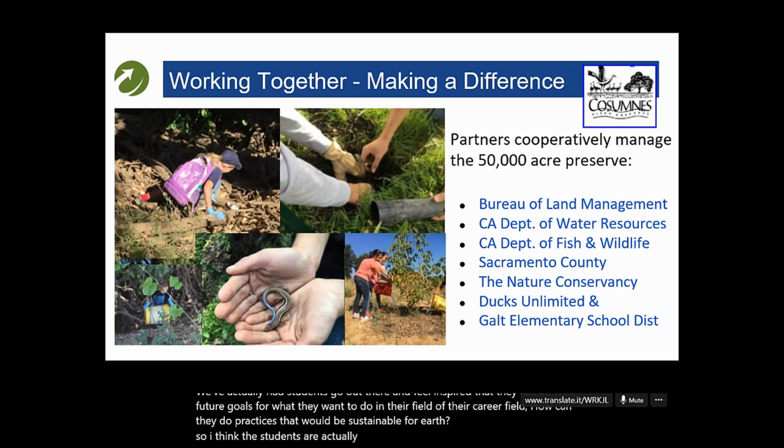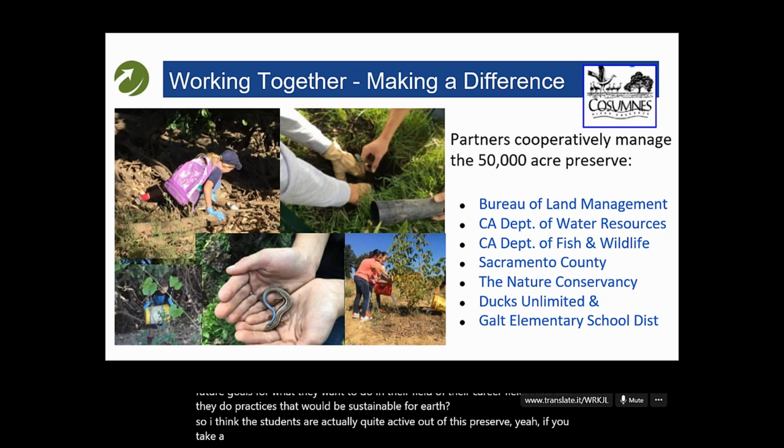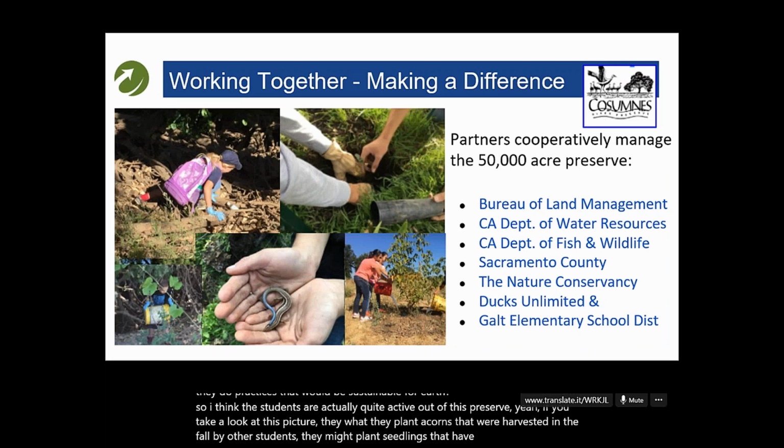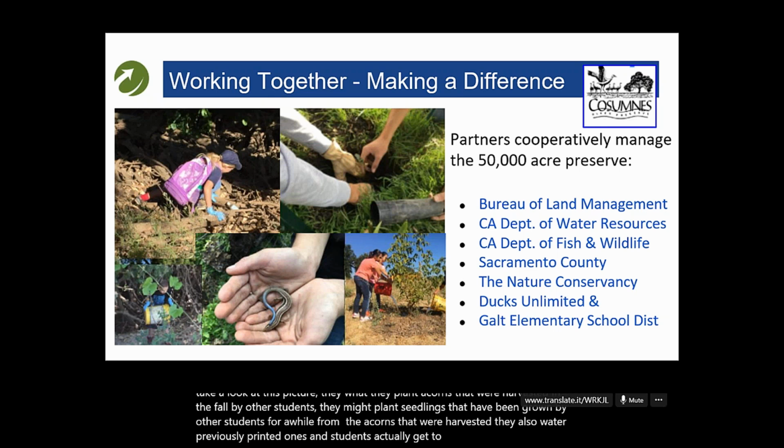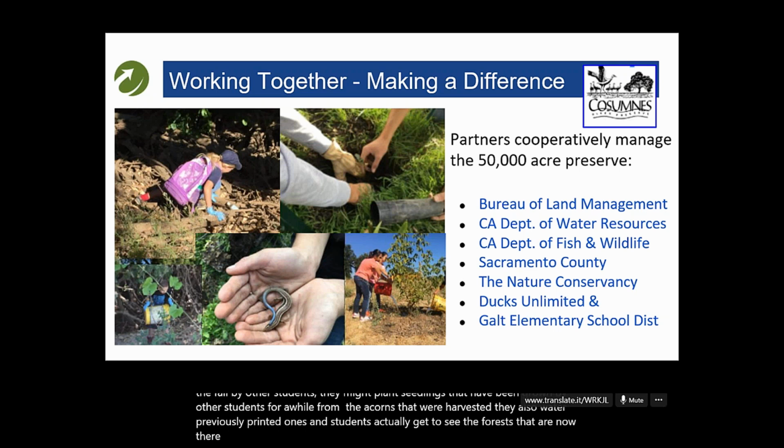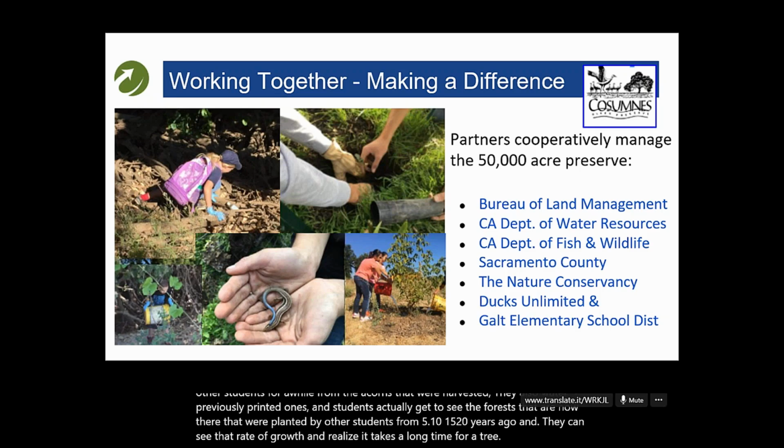Yeah, if you take a look at this picture, they plant acorns that were harvested in the fall by other students. They might plant seedlings that have been grown by other students for a while from the acorns that were harvested. They also water previously planted ones, and students actually get to see the forests that are now there that were planted by other students 5, 10, 15, 20 years ago. They can see that rate of growth and realize it takes a long time for a tree to get its height.